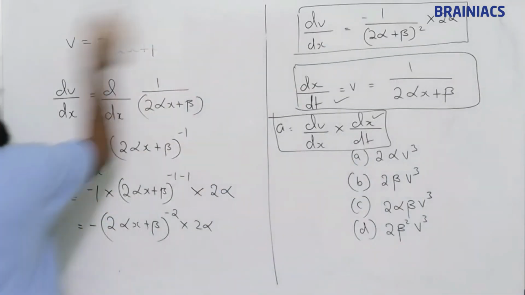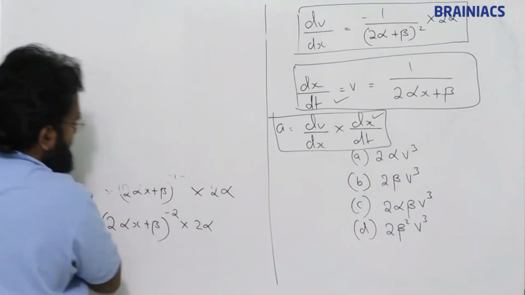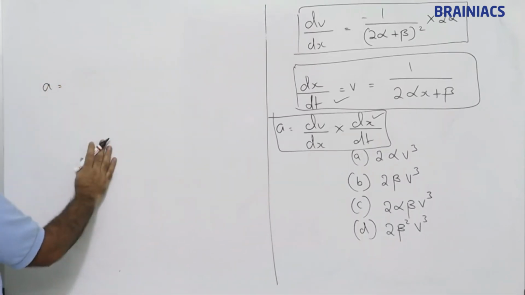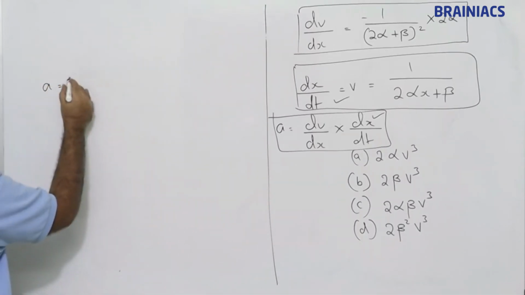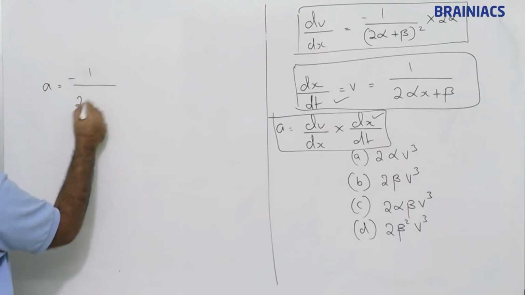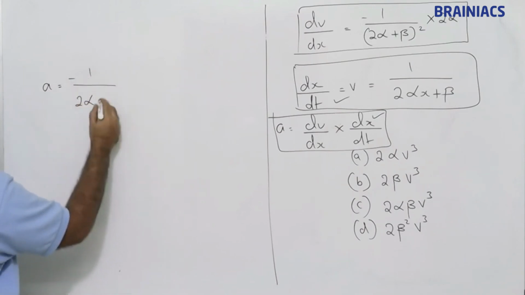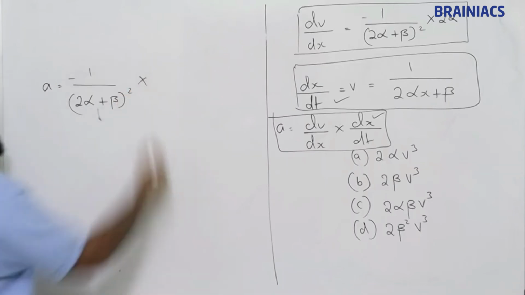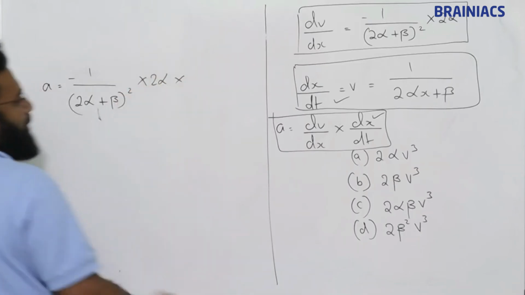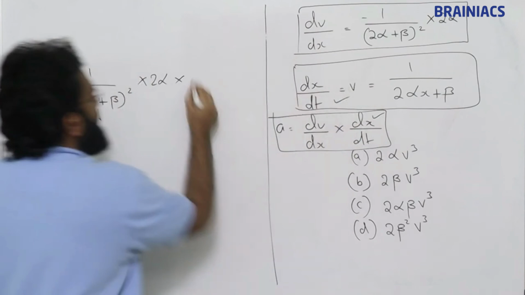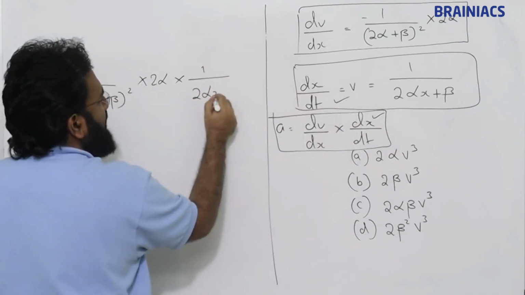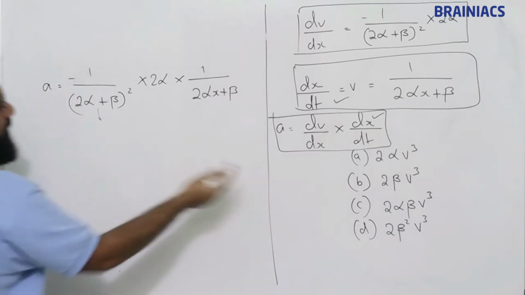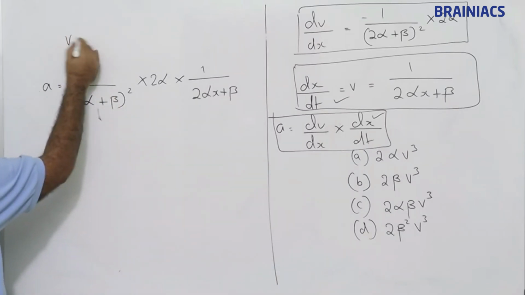Now simple, we will substitute. So a is equal to, what is dv by dx? dv by dx is minus 2 alpha x plus beta whole square into 2 alpha into dx by dt, it is here 1 by 2 alpha x plus beta. Bas.